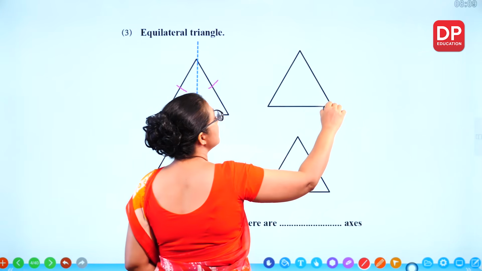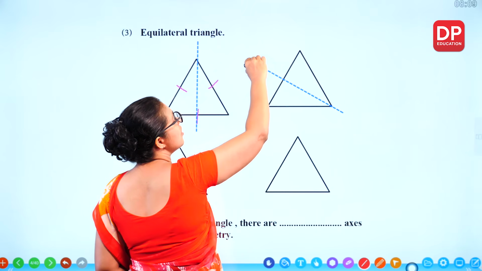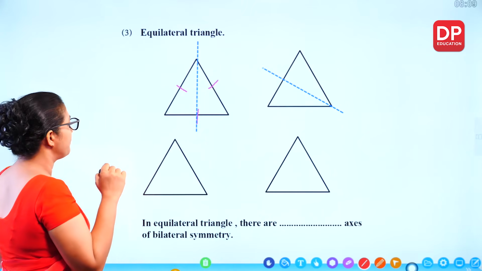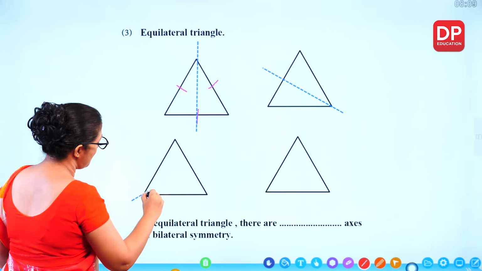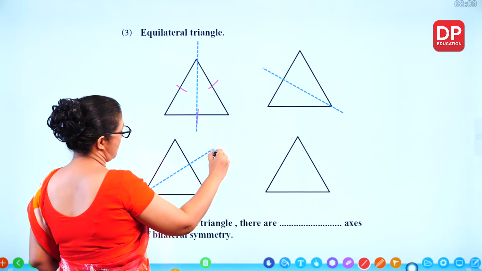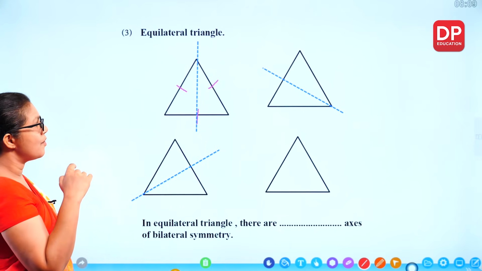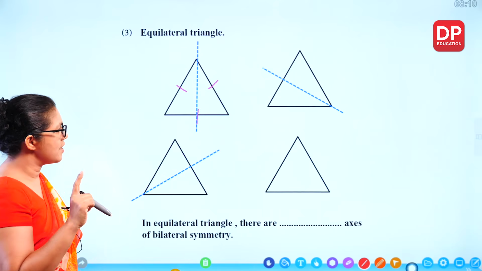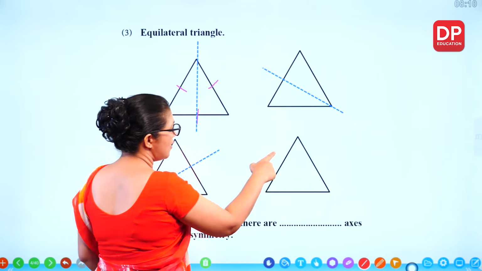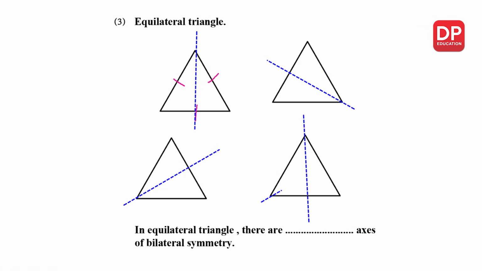And this is also okay. I can divide this into two equal parts. And then this way. So I can draw three axes of symmetry. If you take the whole figure, I can draw the three lines on the same figure like this.